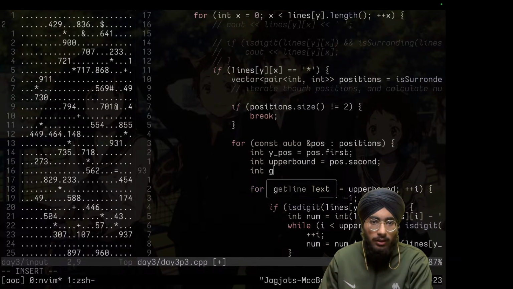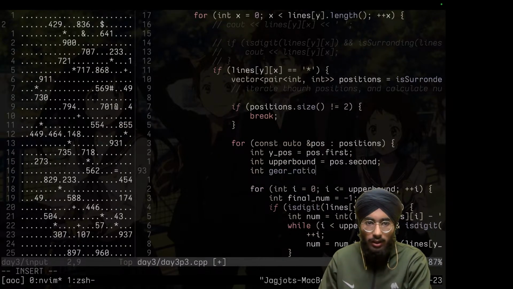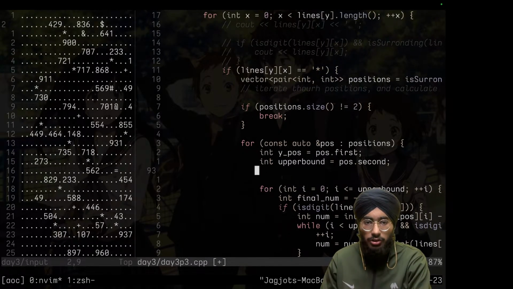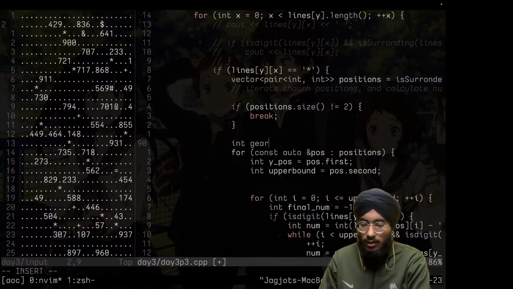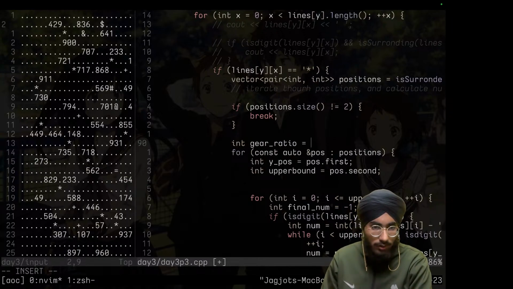Int gear ratio, not even gear ratio should be here. Gear ratio is, it cannot be 0.